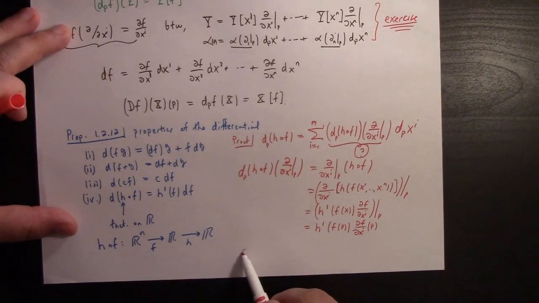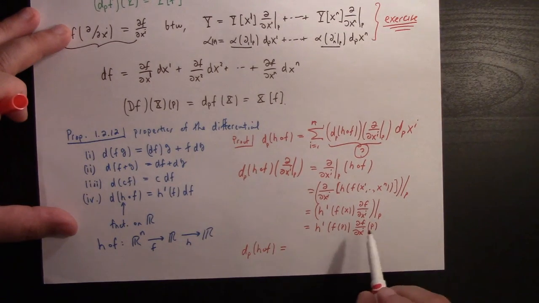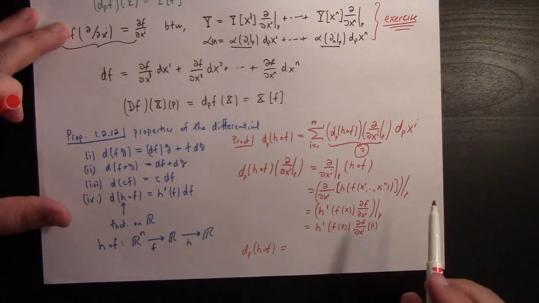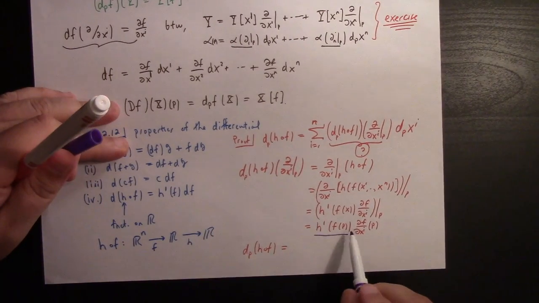And what do we get? We get d p of h composed with f is equal to, well, you see you've got this derivative term, this piece right here.